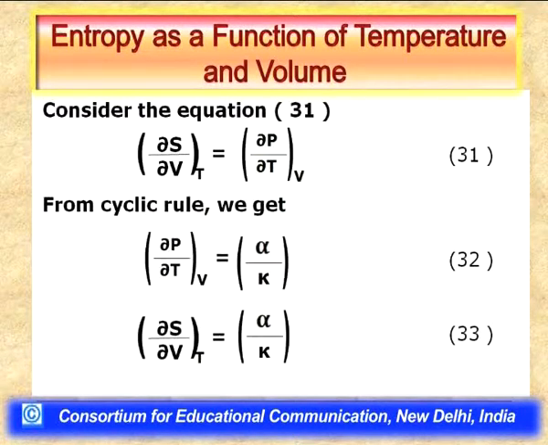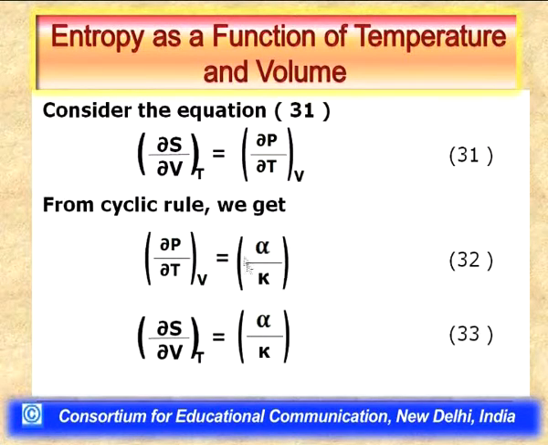Using that cyclic rule, we also had derived that (∂P/∂T) at constant V equals alpha by kappa. What is alpha and what is kappa? We also had defined them there.